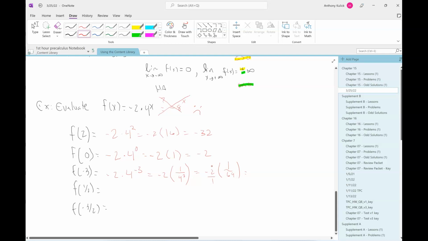So it gives me -2 over 64, which reduces down to 1 over 32, or -1 over 32, excuse me. Okay. So the next one is -2 times 4 to the 1/2. What's 4 to the 1/2? It's the same thing as the square root of 4, which is just 2. Very good.